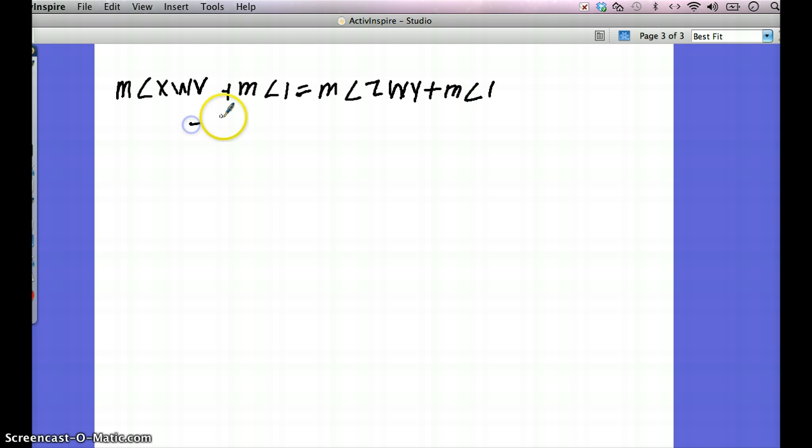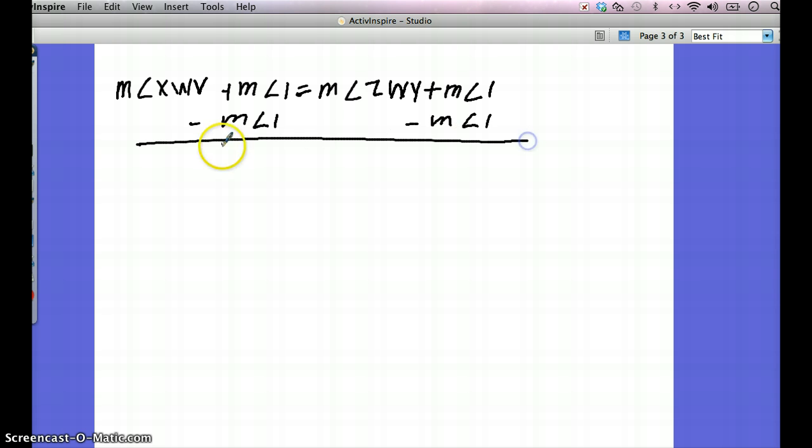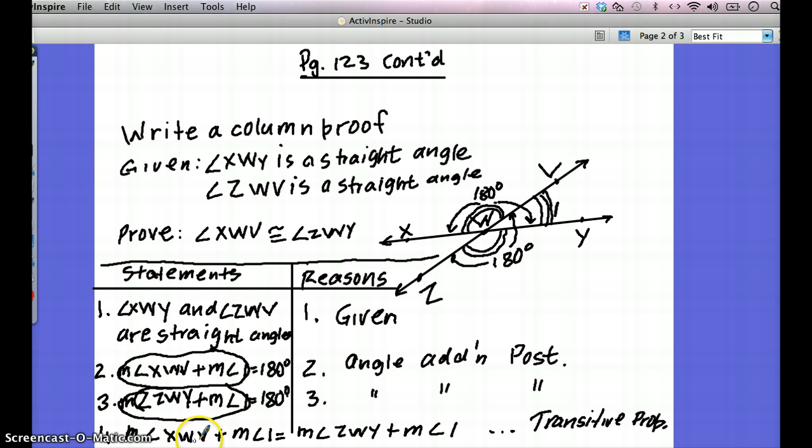I'll correct that, it should be V. And as I said, I'm going to subtract the measure of angle 1 from both sides. And that leaves me measure of angle XWV equals measure of angle ZWY. I'll just go back to verify that this is correct. XWV, ZWY.